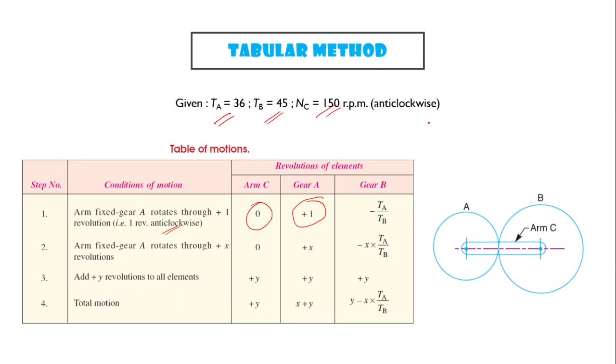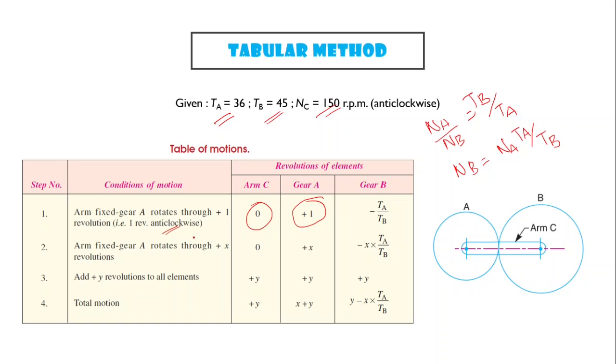Here we know that NA by NB must be equal to TB by TA, so NB, the number of rotations for gear B, is equal to NA into TA by TB. If NB is rotating in clockwise direction, then NA must be in anti-clockwise direction. Here in the given condition, gear A rotates plus 1 revolution in anti-clockwise direction.